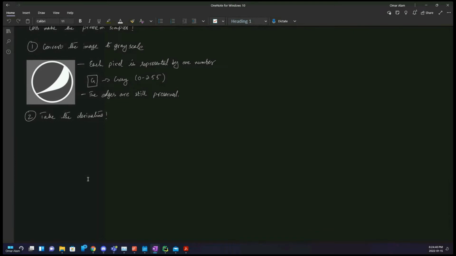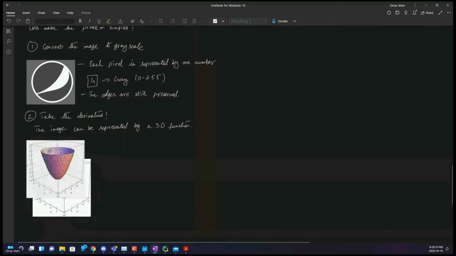Instead of a very higher dimensional function like RGB, which goes beyond 3 dimensions, we can represent the image by a 3D function. And what does a 3D function look like? I'll paste another image. There we go.